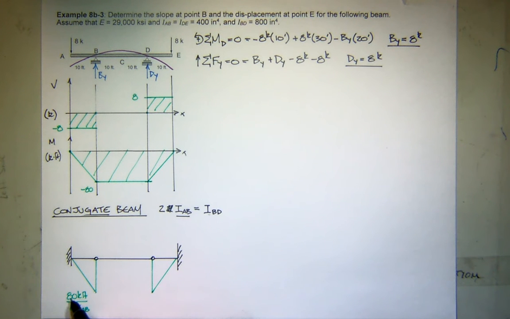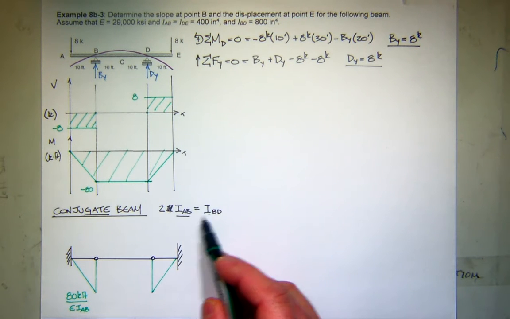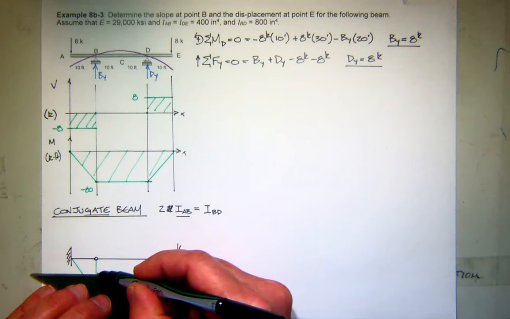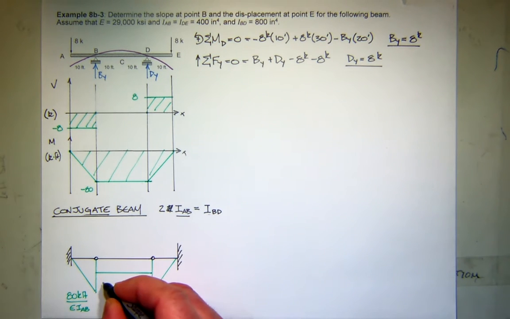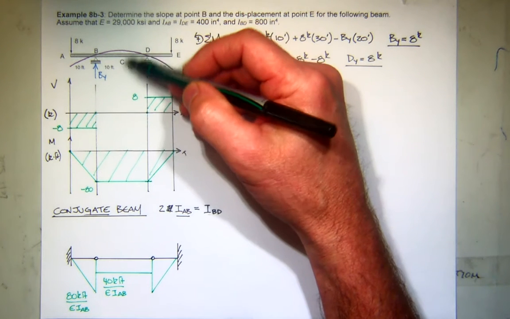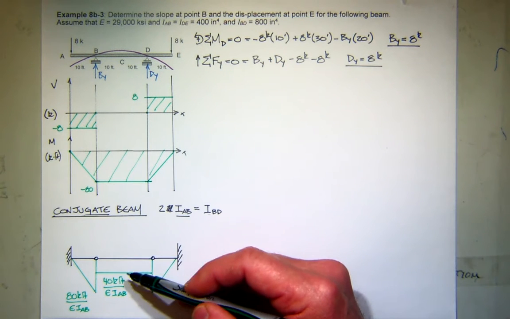And when I get here and I divide 80 by EIBD, and BD is 2AB, and I divide 80 by 2, I get 40 kip feet divided by EIAB. Now I have a common denominator of EIAB, but I've made the adjustment. So since this section is twice as strong, it's reflected by kind of the moment gets reduced.